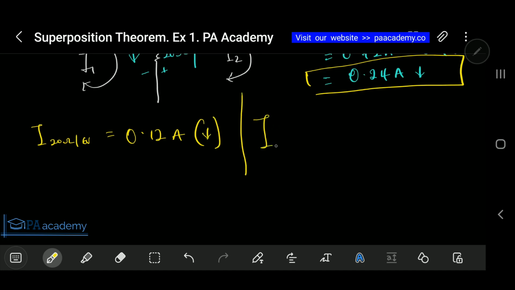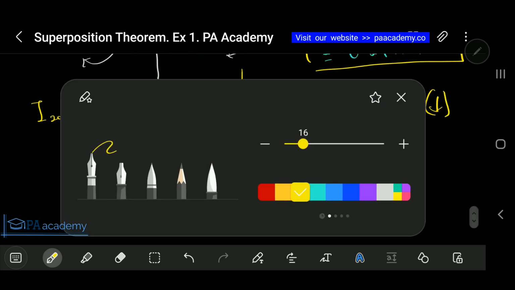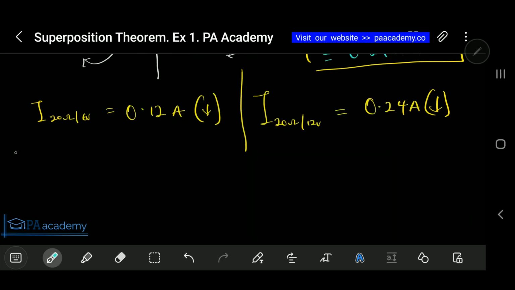While the current flowing through the 20 ohm resistor due to the 12 volt source is given to be 0.24 amperes, also in the downward direction. Are we good?